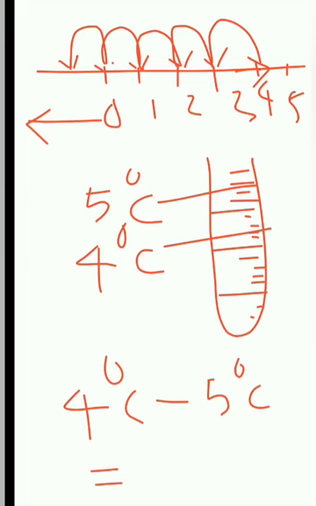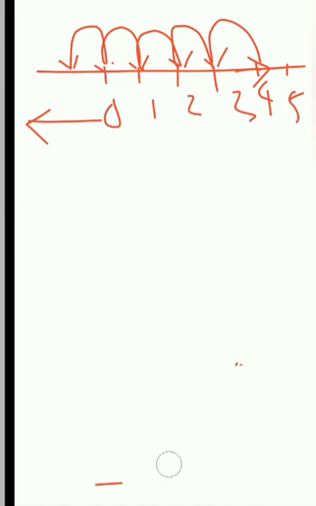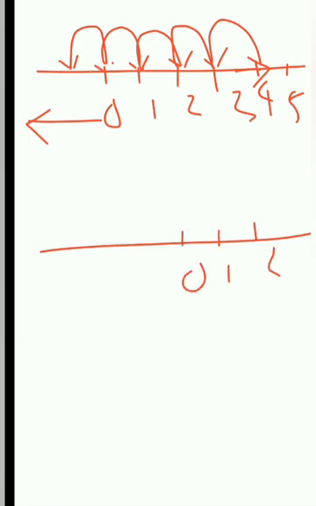We don't have any number. So in such a situation, we need numbers on the left side of 0. And those numbers are called negative numbers. We will introduce some more numbers on the left side of 0, like this: -1, -2, -3, etc.